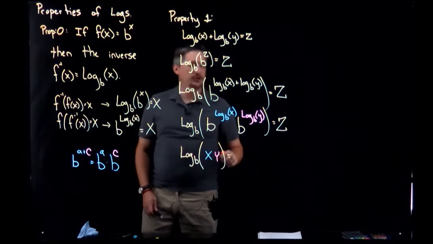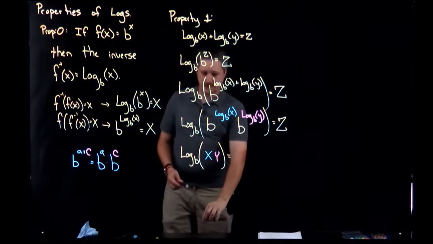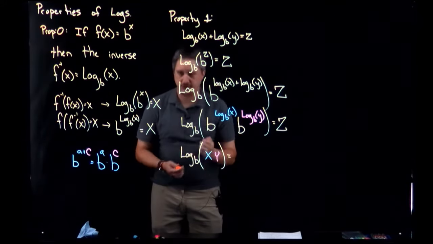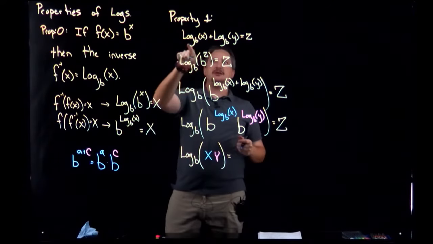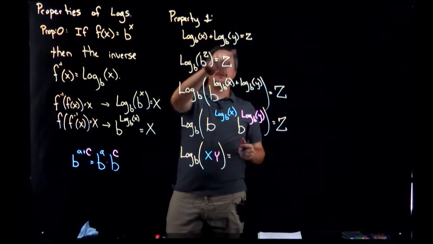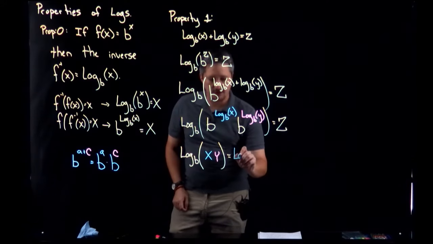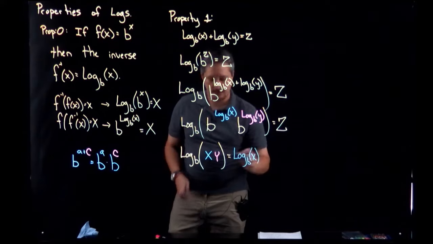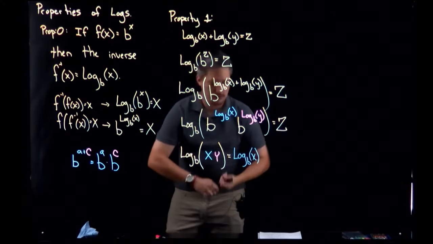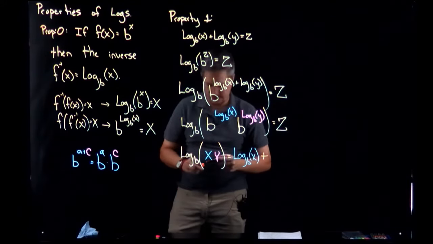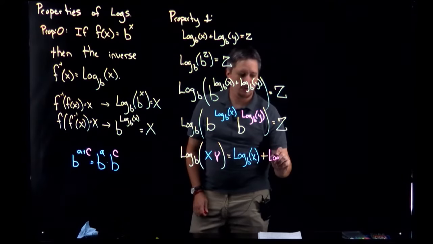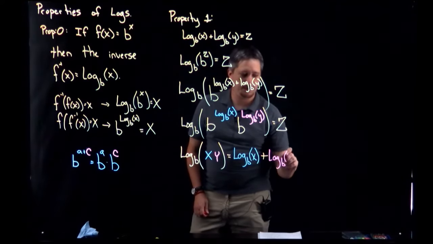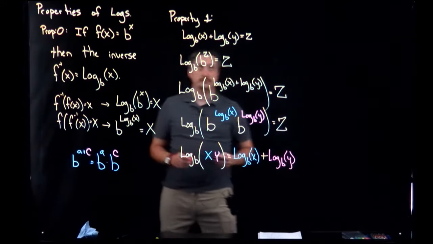And now I'm going to write this out with what z is, but I'm going to do it with color so that you can see what's happened. So remember, z is log base b of x plus log base b of y. So I have log base b of x plus log base b of y.